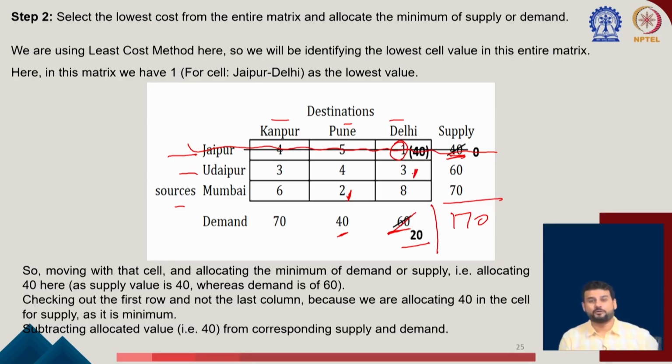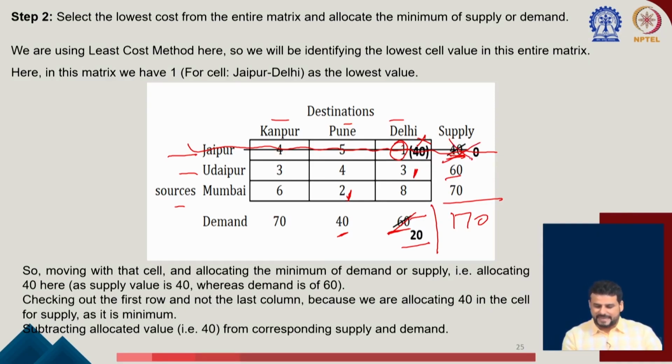In that case how many can you allocate at maximum? 60 is the supply, 60 is the demand, so you can allocate 60. So you will not allocate in this cell; in that case you go for the Udaipur factory first. So minimum cost, but if there is a tie you can break the tie in this way.